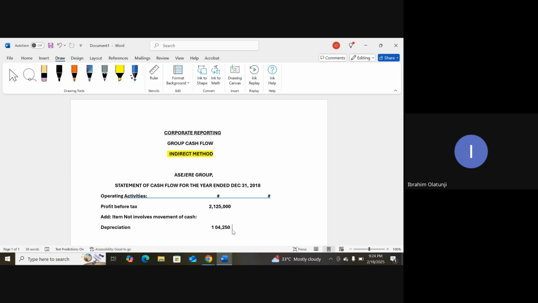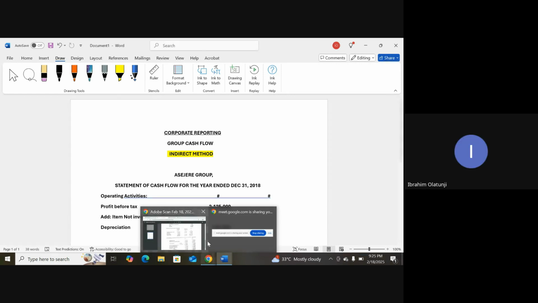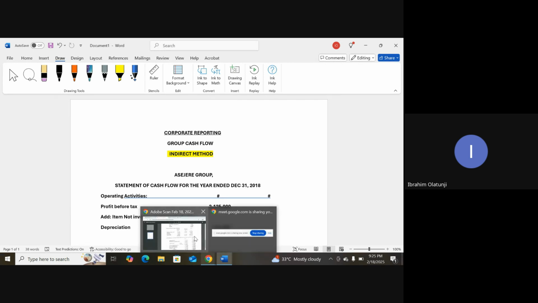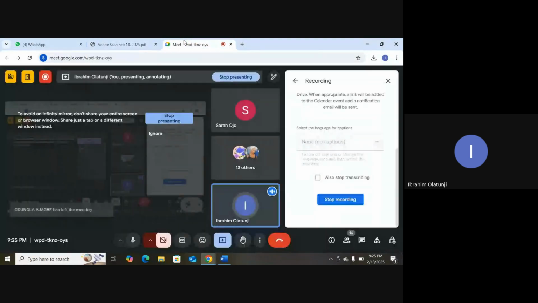Another thing that we can also think of is that if there is a loss on disposal of assets, let's assume you make a loss on disposal of assets. In your statement of profit or loss, what is the treatment of loss? Loss is an expense. We have to expense it. Are you getting it?